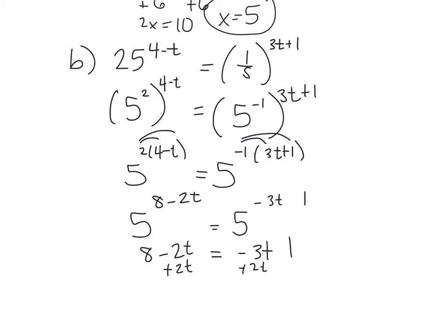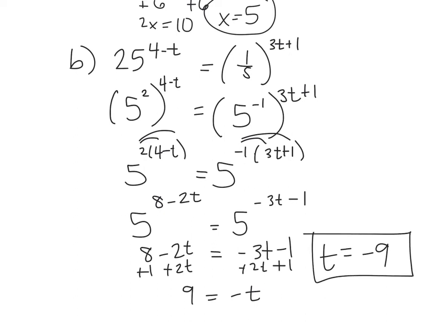And you guys aren't here to catch me when I do goofy things. Alright. Hopefully you caught my little errors. Again, I apologize. So in the end, I should get 9 equals negative t, and then t equals negative 9 is my final answer. Whew, that was a long ways coming.